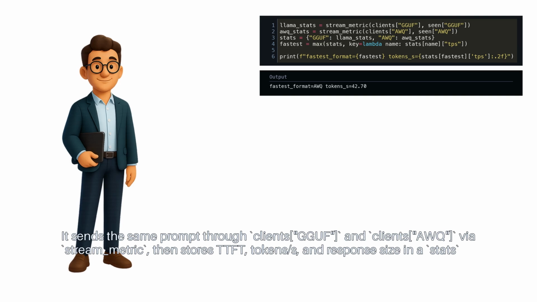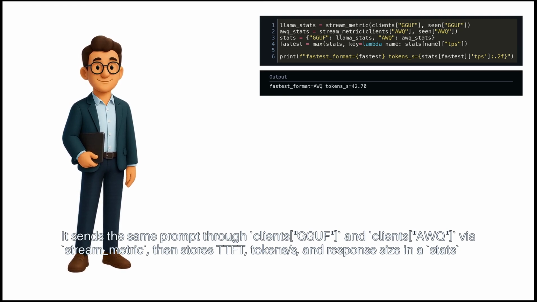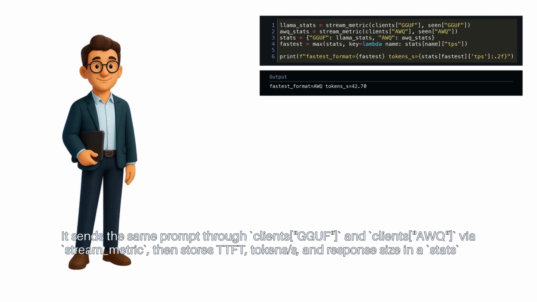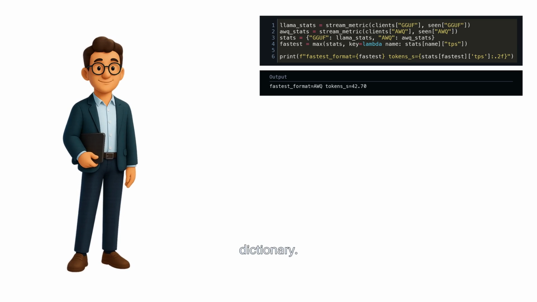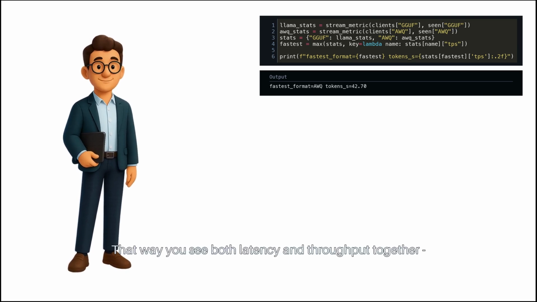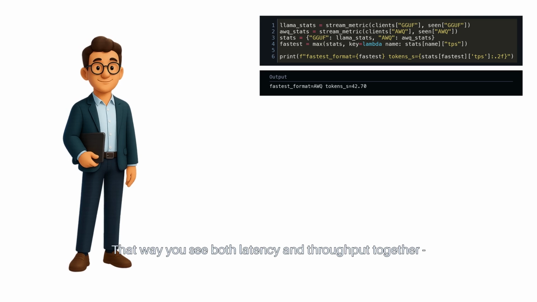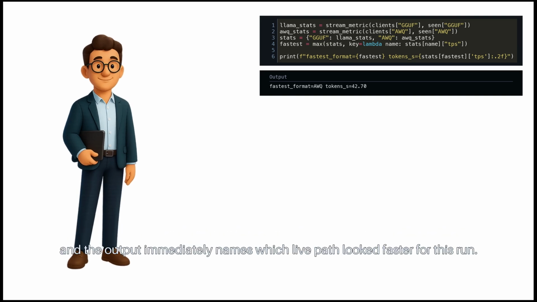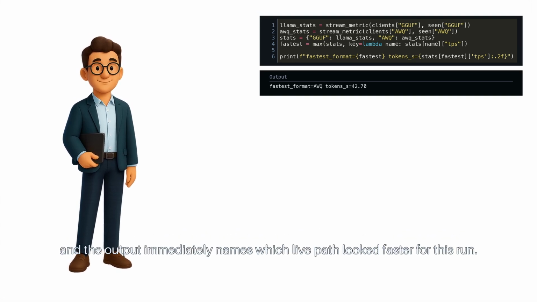It sends the same prompt through the GGUF client and the AWQ client via the stream metric, then stores TTFT, tokens per second, and response size in a stats dictionary. That way, you see both latency and throughput together. A high tokens per second number doesn't save you if TTFT is terrible or the artifact fails quality checks. And the output immediately names which live path looked faster for this run.